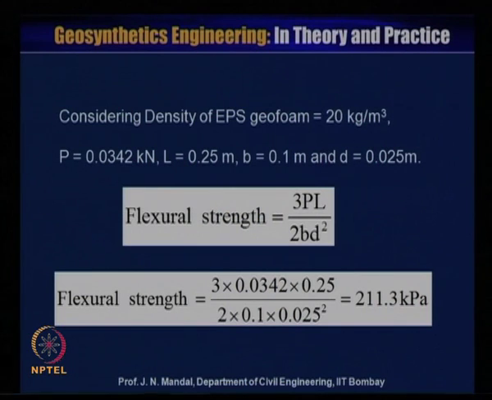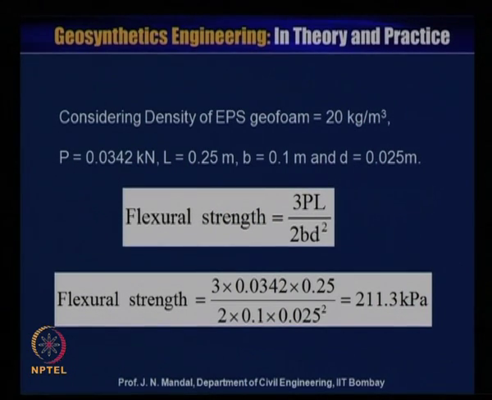Now, considering the density of the EPS geofoam as 20 kg per meter cube, where P is equal to 0.0342 kilonewton, L is equal to 0.25 meter, B is equal to 0.1 meter, and D is equal to 0.025 meter.